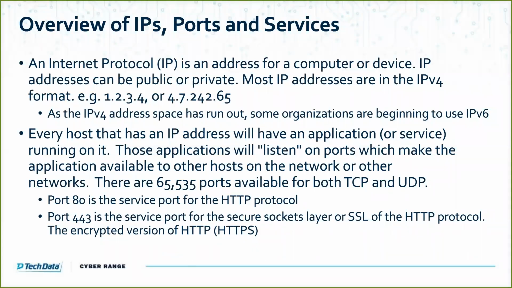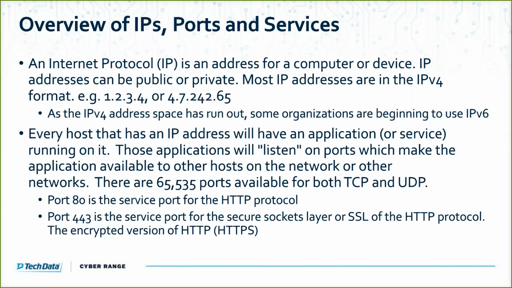Every host that has an IP address will have an application or service running on it. Those applications will listen on ports, which make the application available to other hosts on the network or other networks. There are a total of 65,535 ports available for both TCP and UDP, which we'll discuss in part on the next slide.